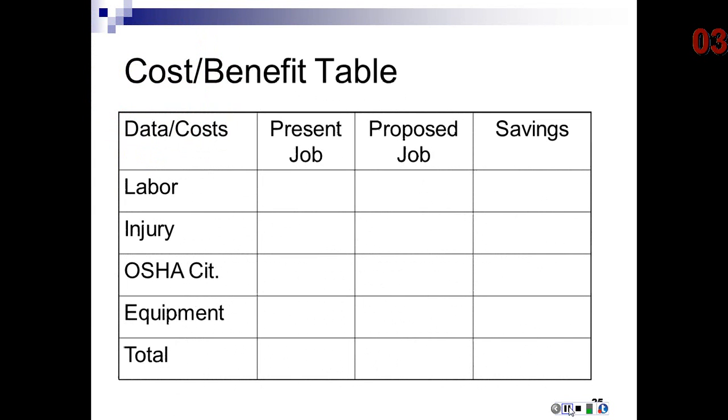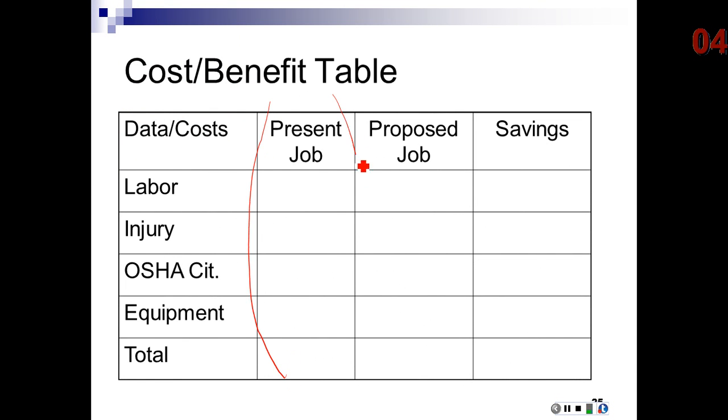It's easiest to work through this type of problem by laying out what you know, what you need, what you have, and then find it. And so I'd suggest you run through this using a cost-benefit table, such as I have on screen. The cost-benefit table is going to walk you through looking at some of these costs I've mentioned and anticipated savings for the present job.